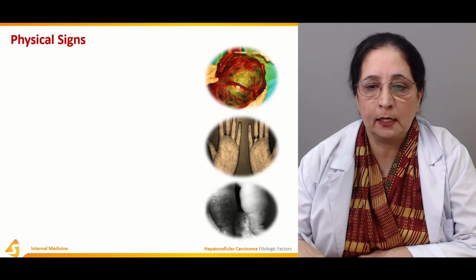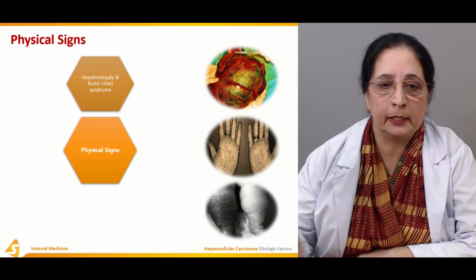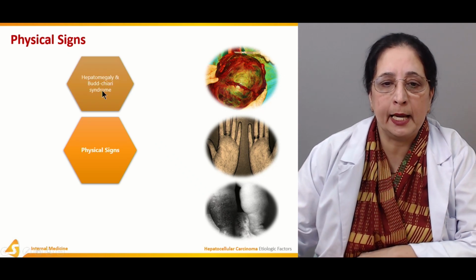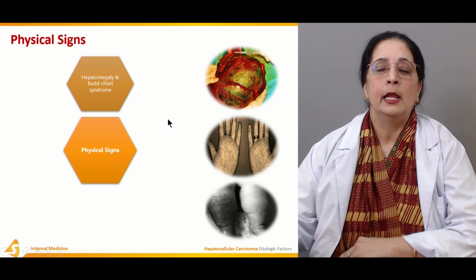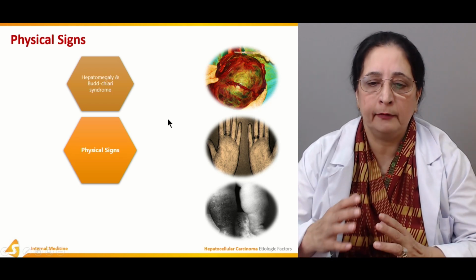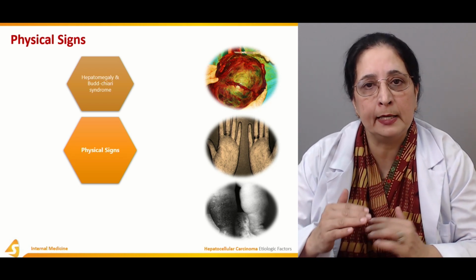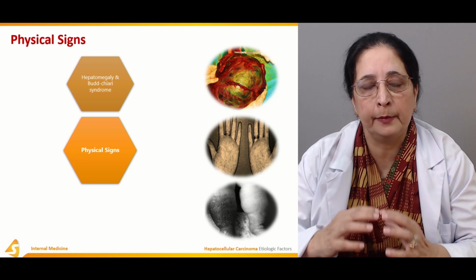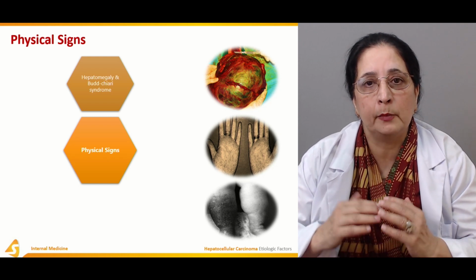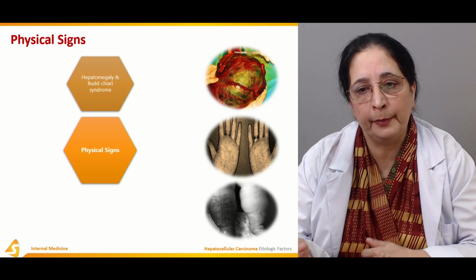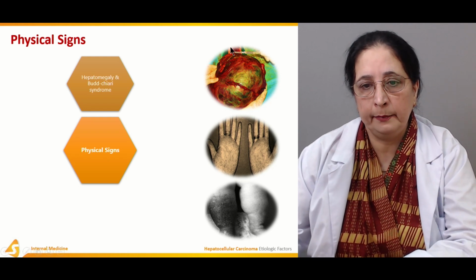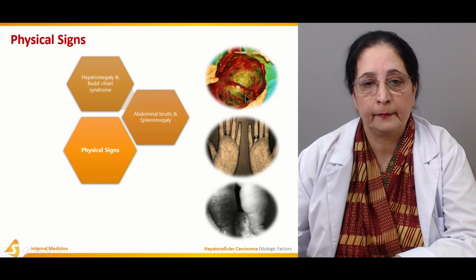Physical signs: there is hepatomegaly and Budd-Chiari syndrome. There is enlargement of the liver and the liver is felt under the lower costal margin. You can see a very big enlarged liver.